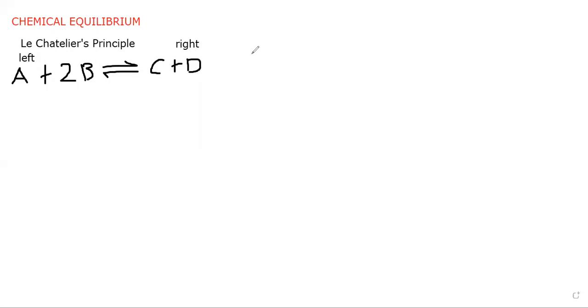whatever you do to a system at equilibrium, the equilibrium is going to do the opposite to counteract that change. So if we increase temperature, the equilibrium is going to shift in a direction to counteract it, which is to decrease it. You do one thing, the system does the next.